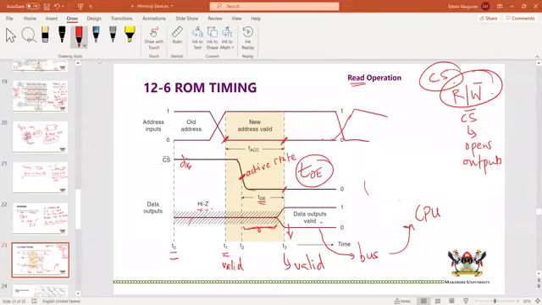So that is the time it takes between giving the enable, the chip select command, and the output actually responding to that command. Output enable time. We are going to see later on, as we deal with memory in other lectures, that we will continue to use these ROM timing diagrams.